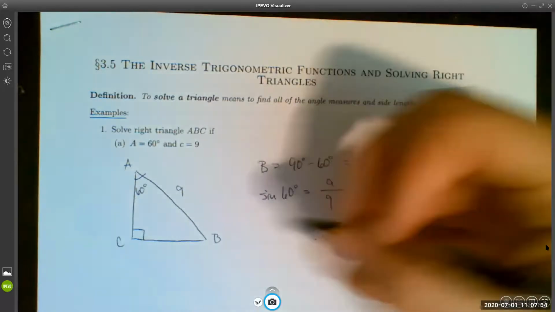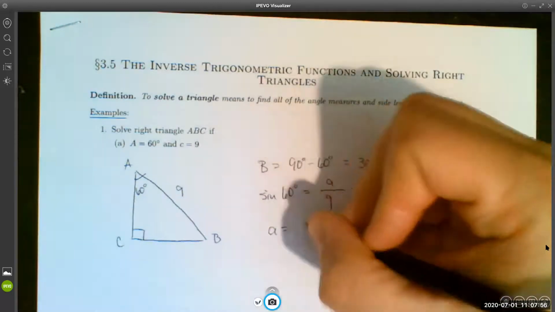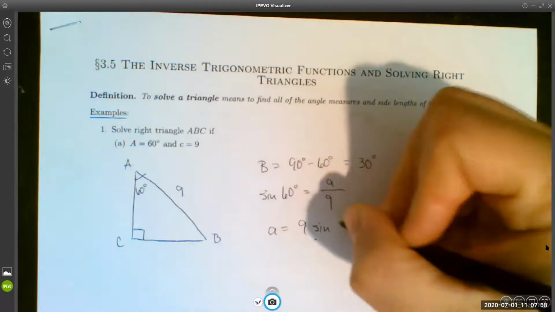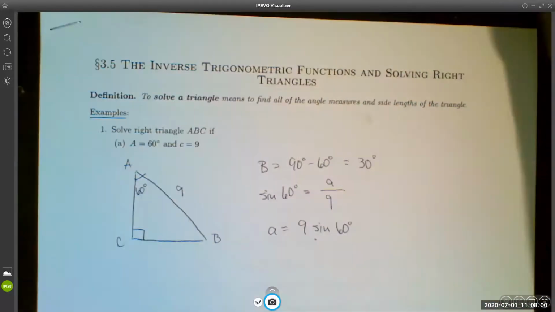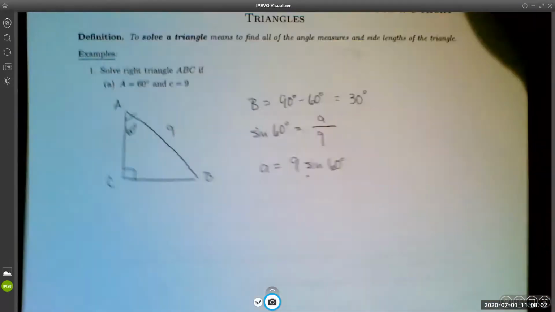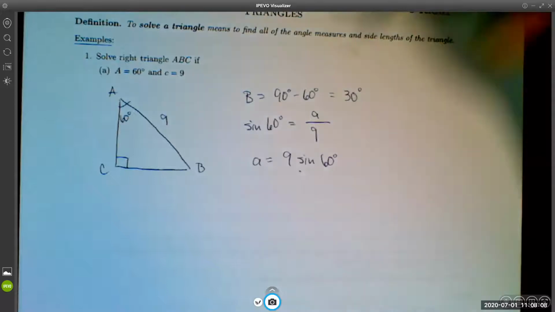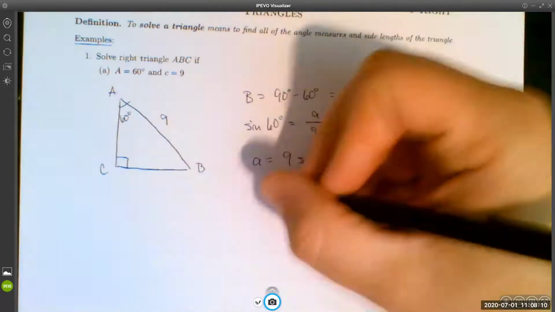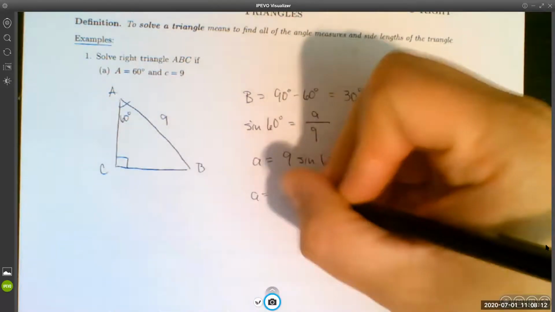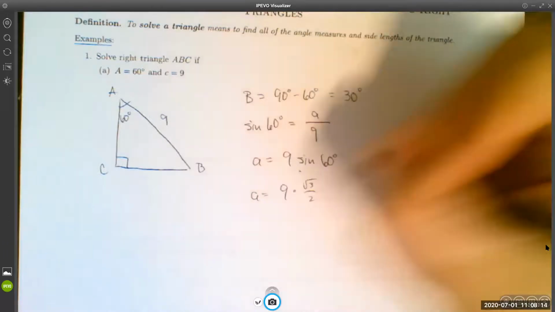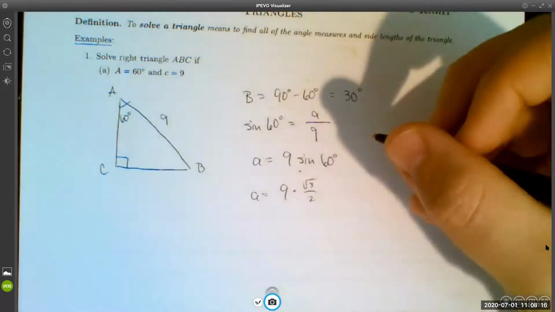We get A equals 9 times sine of 60 degrees. 60 degrees happens to be one of those numbers on the unit circle, right? We know that sine of 60 degrees should be root 3 over 2. So this is going to be 9 times root 3 over 2, or 9 root 3 over 2, right?